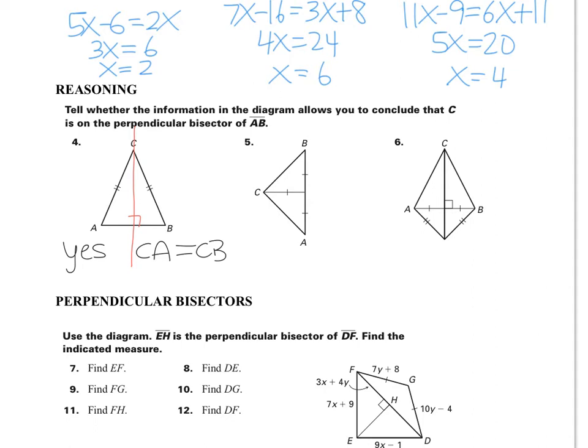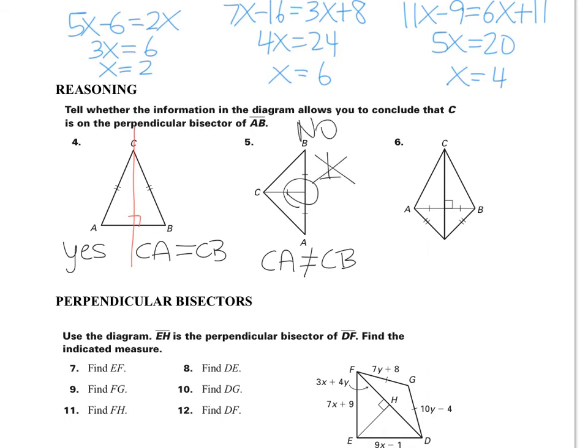But in number 5, I have no indication that CA is equal to CB, nor do I have any perpendicular here.